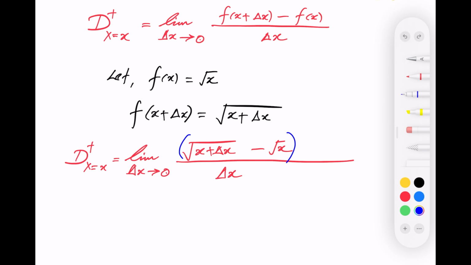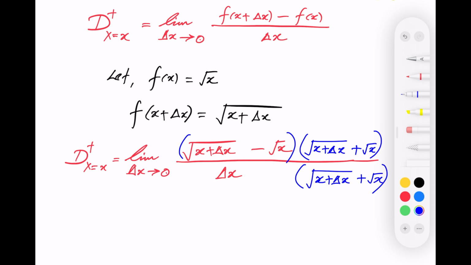So the conjugate of this irrational part is square root x plus delta x plus square root x, close parenthesis. I need to write down that same term in the denominator as well, square root x plus delta x plus square root x. That way I didn't change the question given. Writing down this term in both numerator and denominator is just like multiplying that given problem by 1.